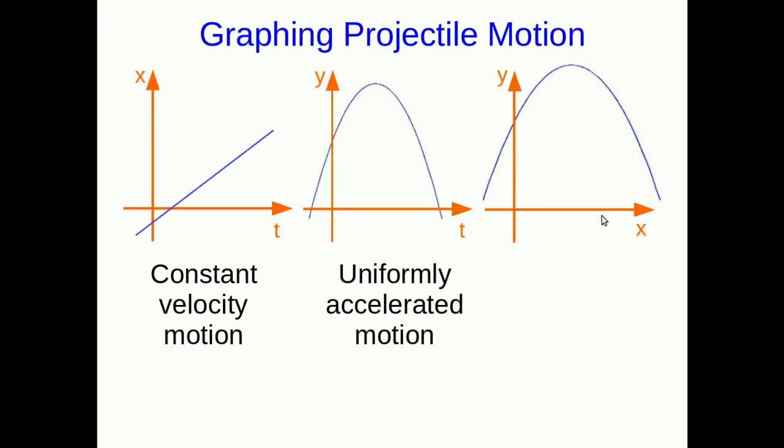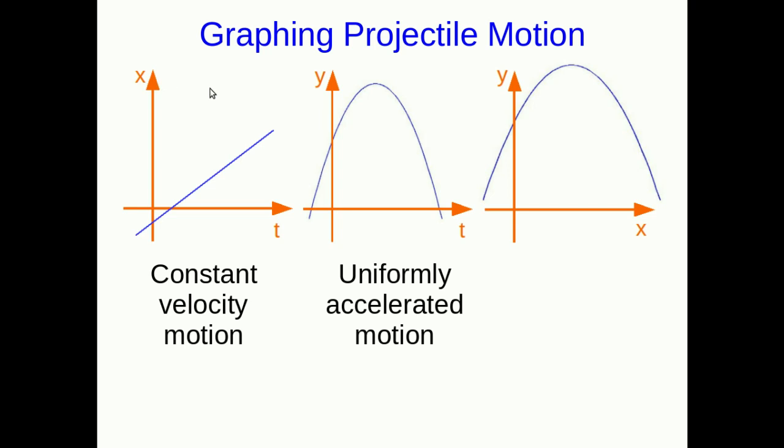We already know what the graphs of those two types of motion should look like. Constant velocity motion always gives you a straight line position versus time graph. Uniformly accelerated motion gives you a position versus time graph that's a parabola. And so that's what you'll always find with projectile motion.